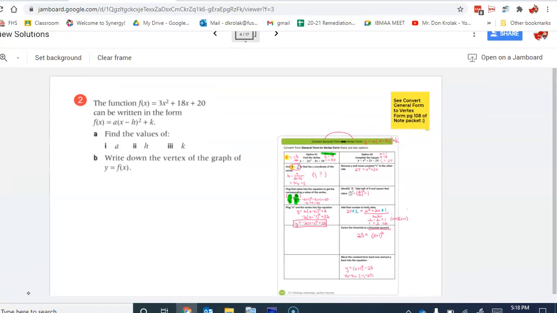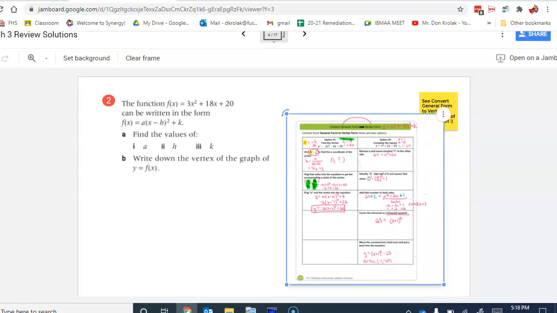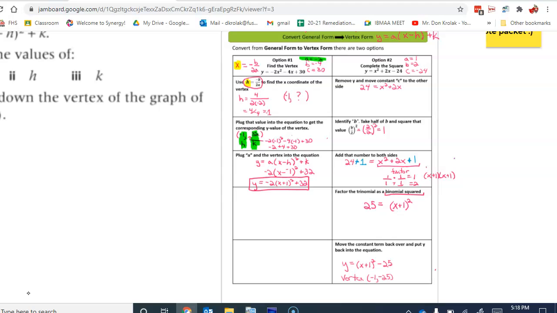For question 2, we're being asked to take this equation, which is in general form, and write it in vertex form. In class, we did that 2 ways. In your note pages, one way is to find the vertex, where we find h by using the opposite of b over 2a, and then we plug that into the equation, and that's going to give us the k value.